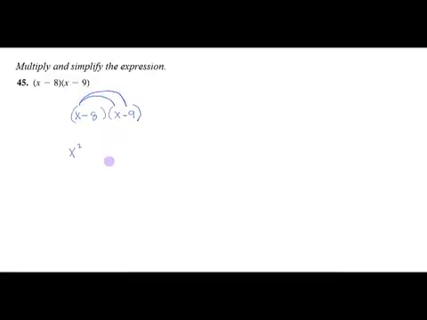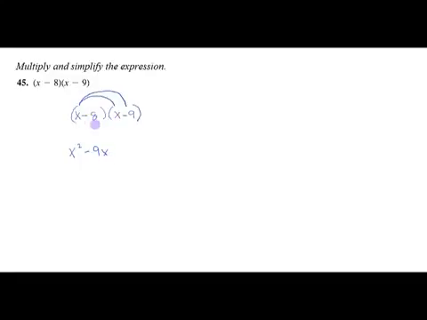Multiply and simplify the expression. We're going to use FOIL here, so you may want to give yourself enough room to draw those arrows for the first few that we do. x times x is x squared, so we did the first terms. Now we'll multiply the outside terms. x times negative 9 is negative 9x.